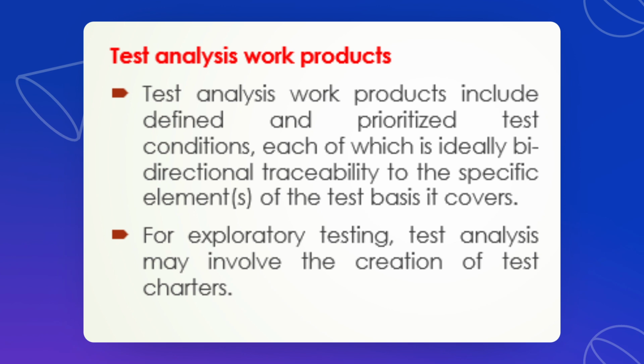Test analysis work products include defined and prioritized test conditions, each of which is ideally bidirectionally traceable to specific elements of the test basis it covers. For exploratory testing, test analysis may involve the creation of test charters.